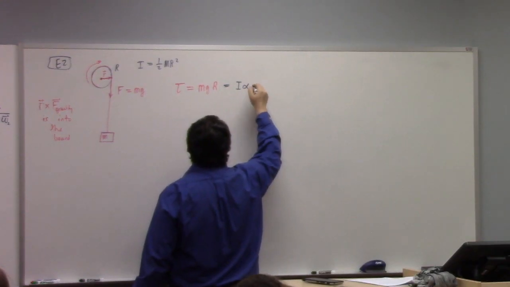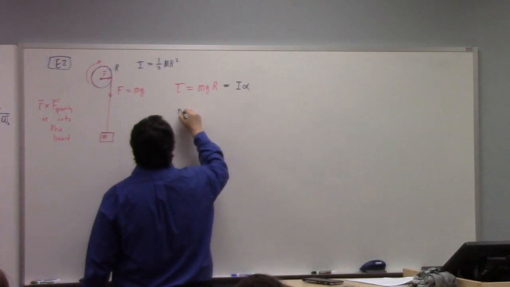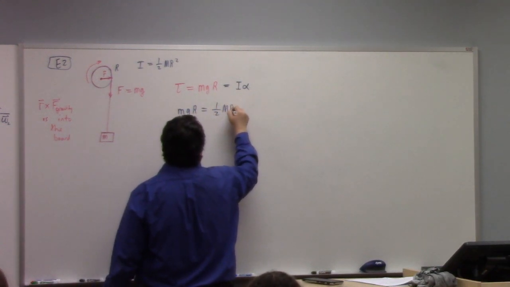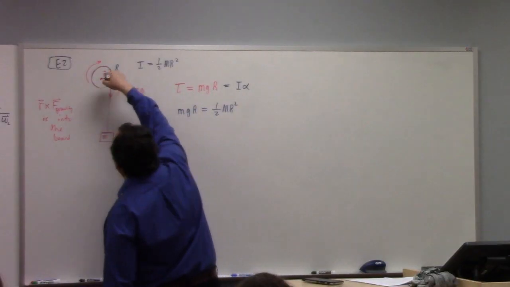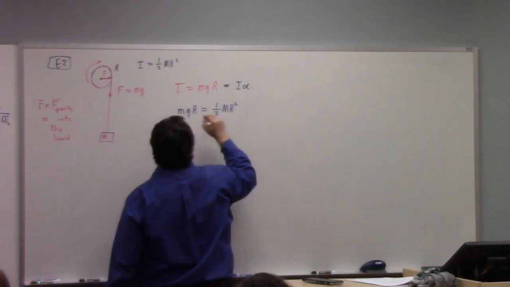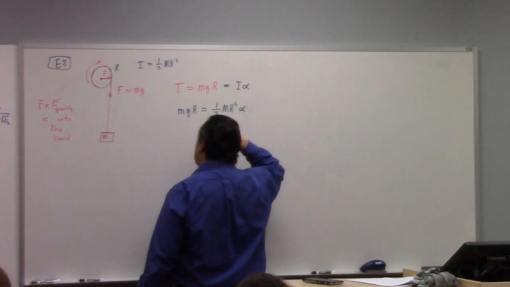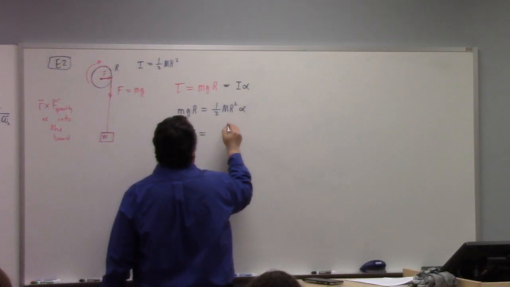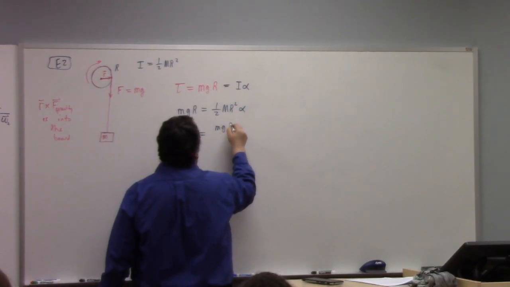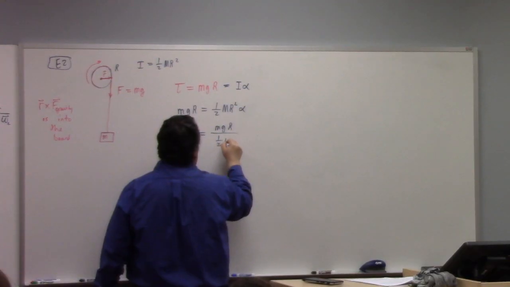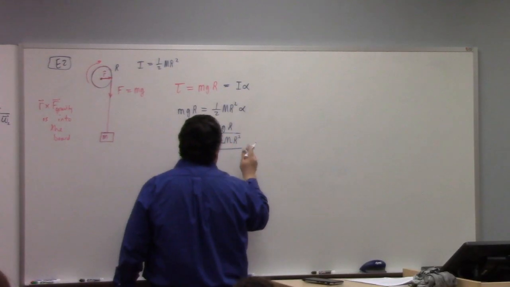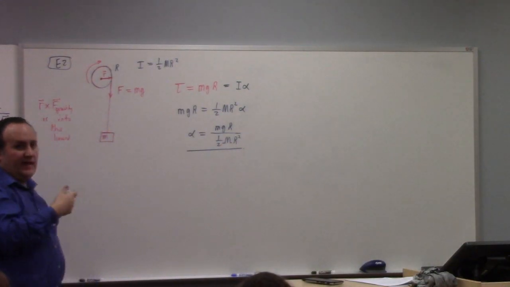Here we've got little mgr is equal to 1/2 big M r squared, that's my moment of inertia, assuming this is a cylinder, times alpha. And so my angular acceleration apparently is mg r divided by 1/2 big M r squared. We could simplify that, of course. That would be the angular acceleration.